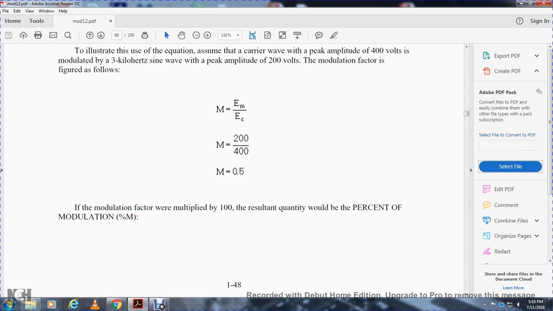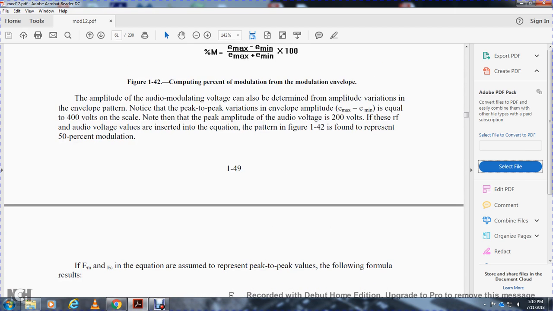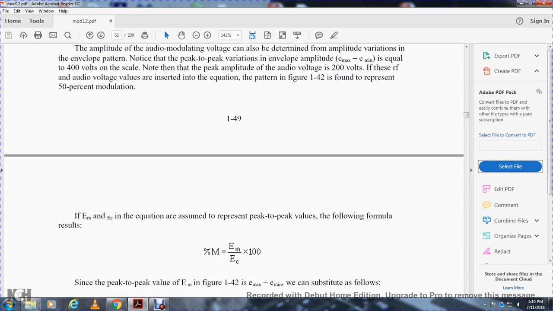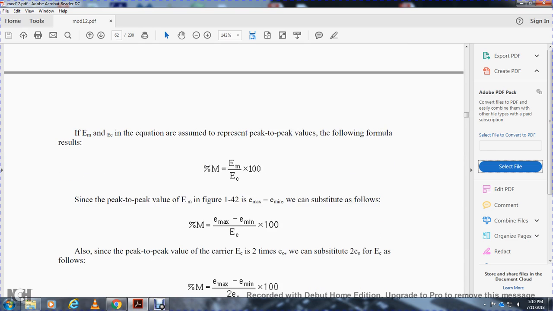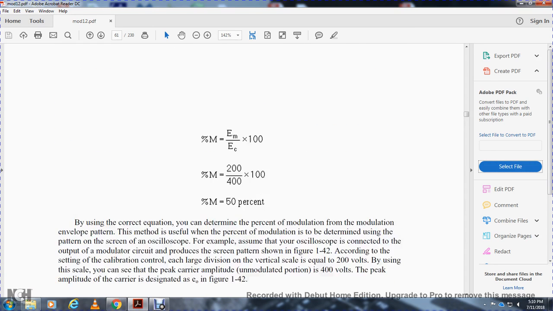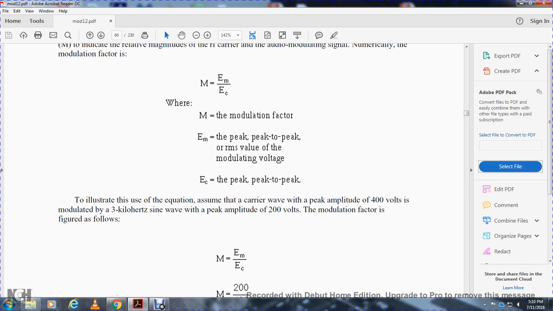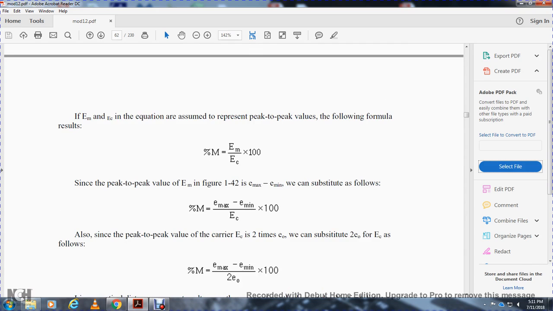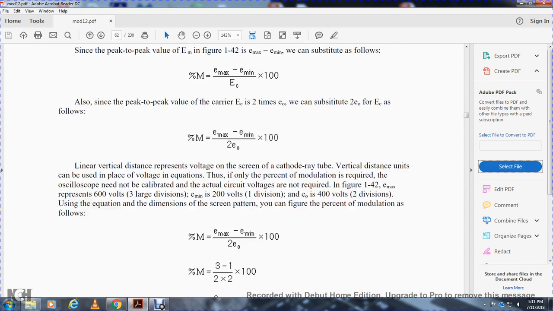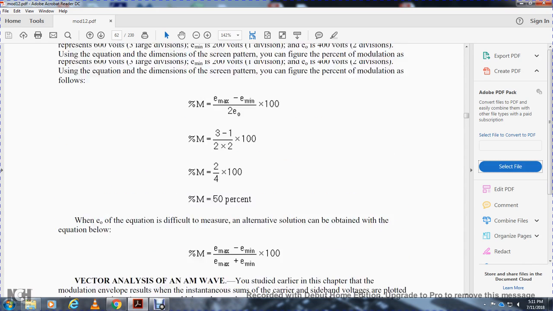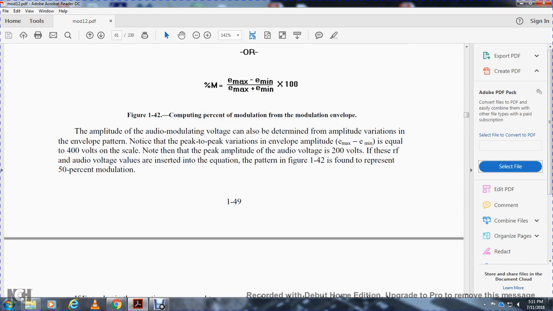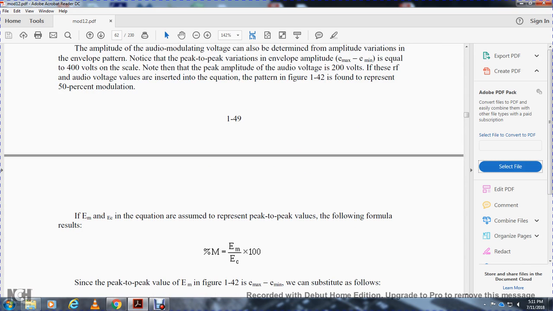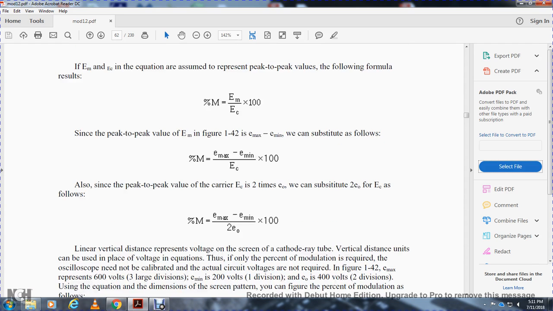Voltage peak-to-peak. In the equation, assume this represents the peak-to-peak value. The formula result of the percent of modulation is equal to the peak-to-peak modulating voltage over the peak-to-peak carrier voltage times 100.